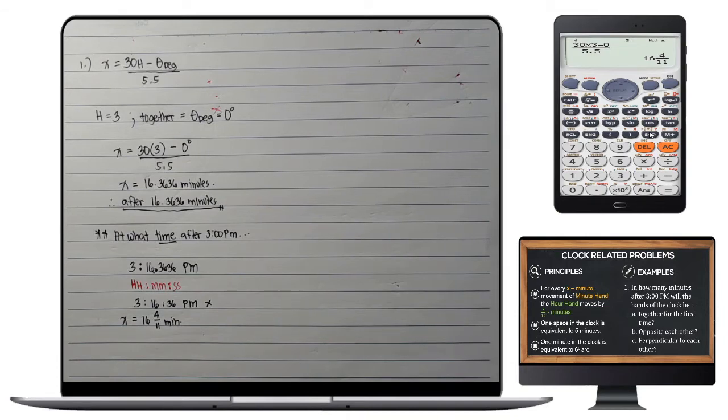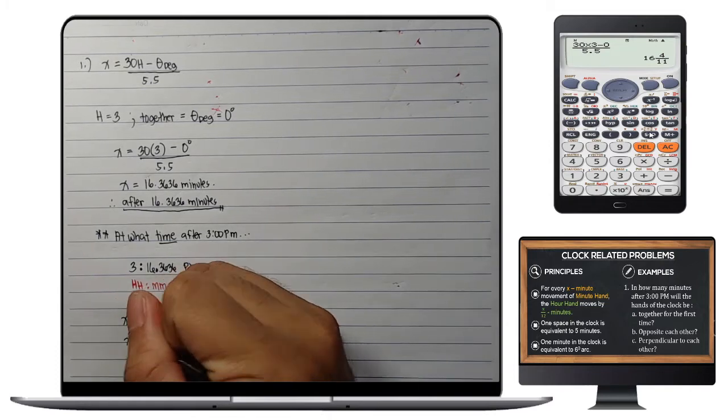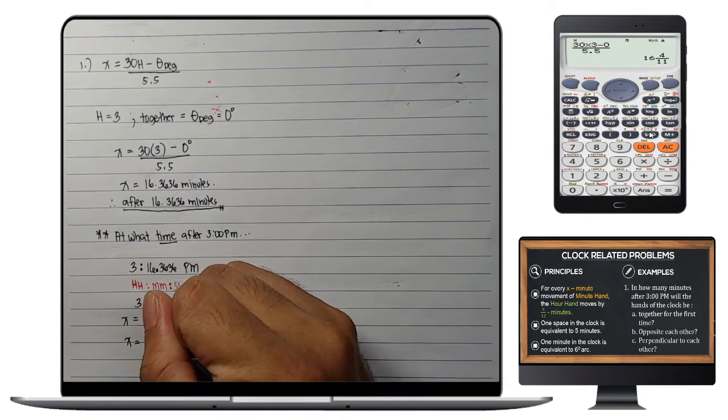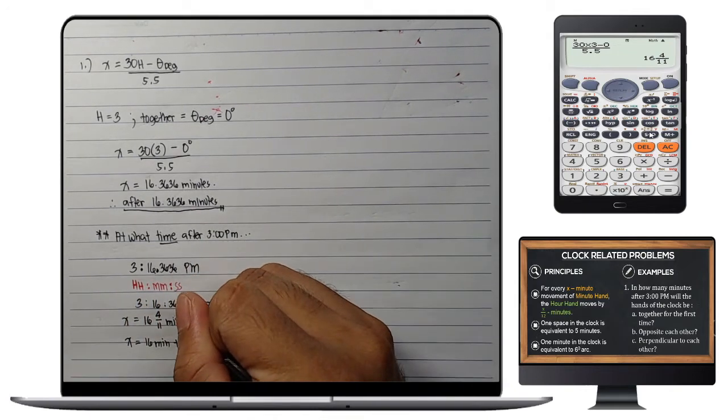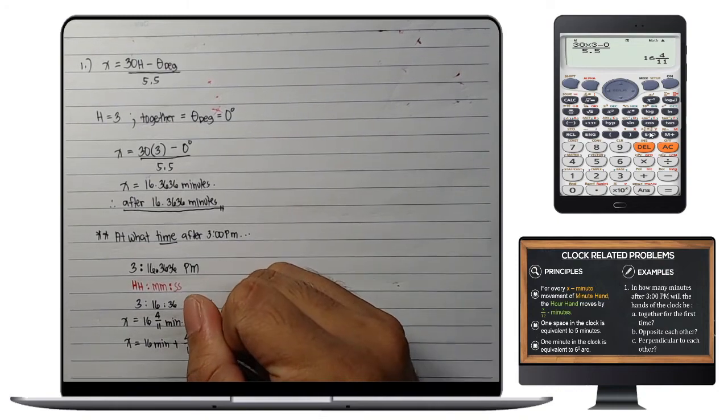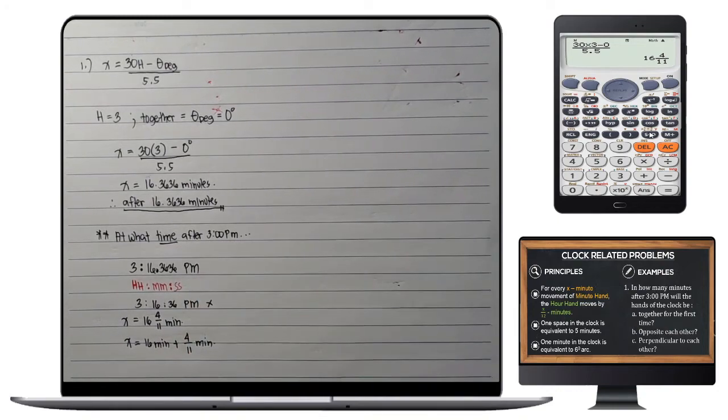We are looking for the specific time. So kailangan maisulat natin, paano ba siya isusulat in terms of seconds? So ito kasi ay equal kay 16 minutes plus yung fraction natin 4 over 11 minutes. So our target is to convert yung 4 over 11 papunta sa seconds. Kasi yun yung labis sa ating 16 minutes. Okay?